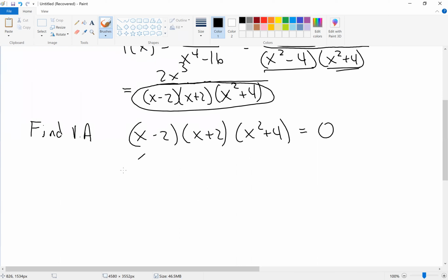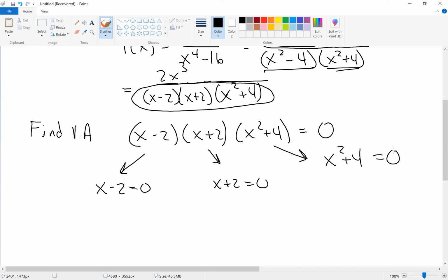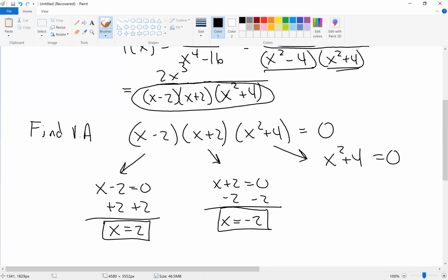Let's split those up. Either x minus 2 equals 0, x plus 2 equals 0, or x squared plus 4 equals 0. Adding 2, x equals 2 is a vertical asymptote. Subtracting 2, x equals negative 2 is a vertical asymptote.